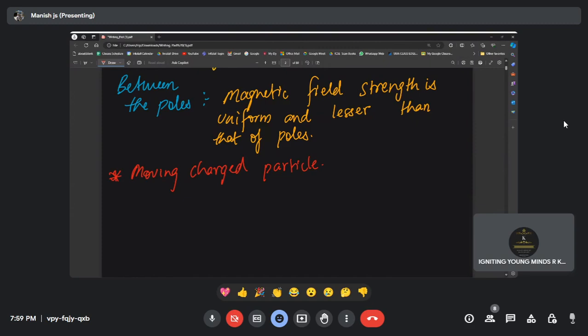So this is also an example. For example, electrons which are in motion can also create a so-called magnetic field.